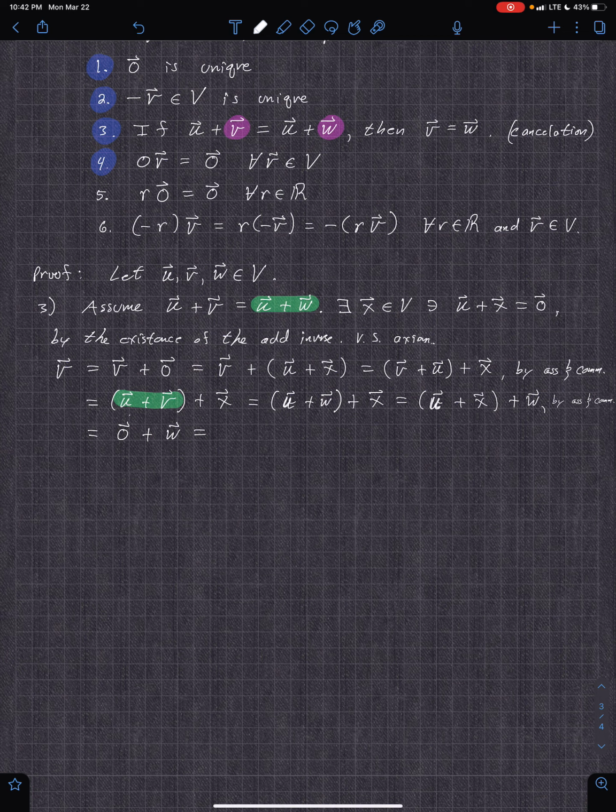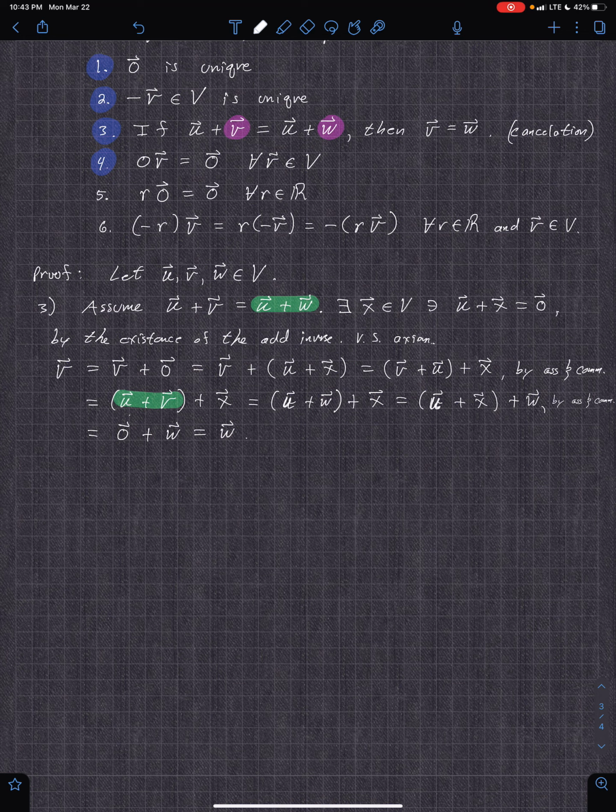And then the zero vector plus w is equal to w. You don't really need to conclude here because it's shown. You can say therefore they're equal, but this shows v is equal to w, all by vector space properties.